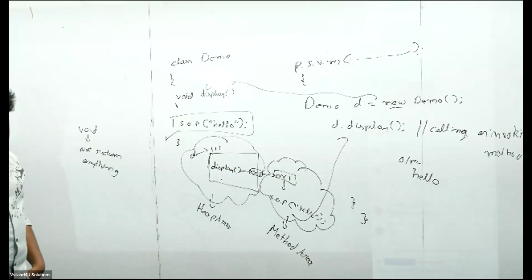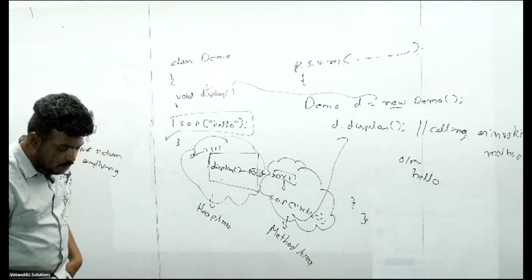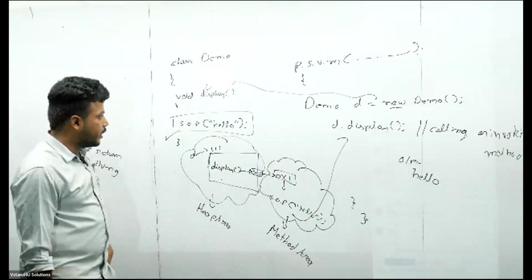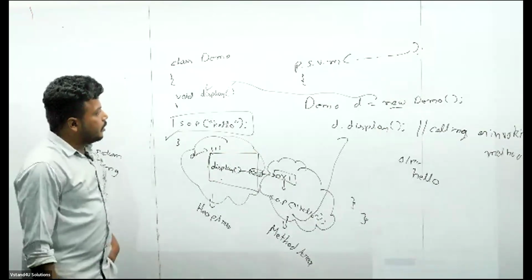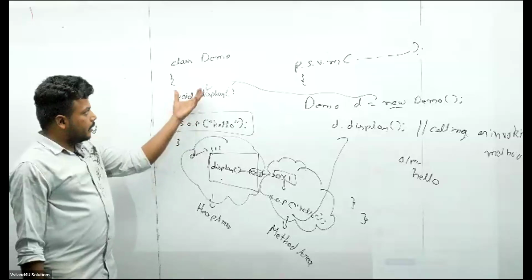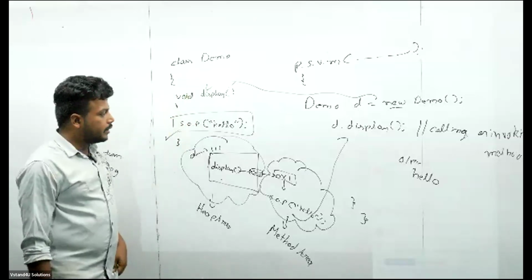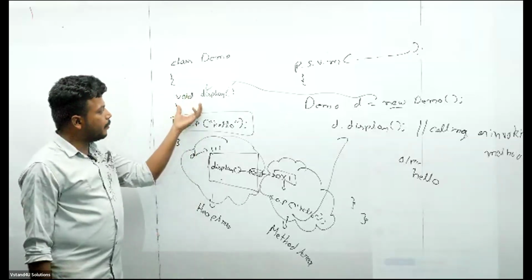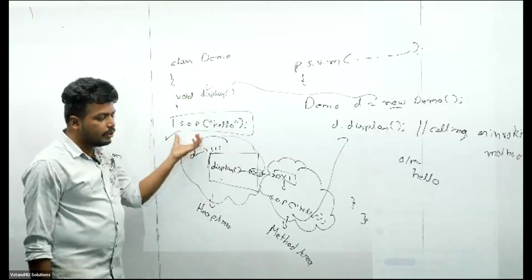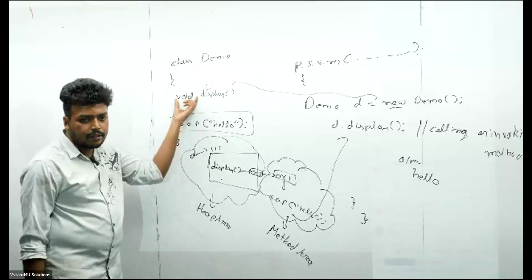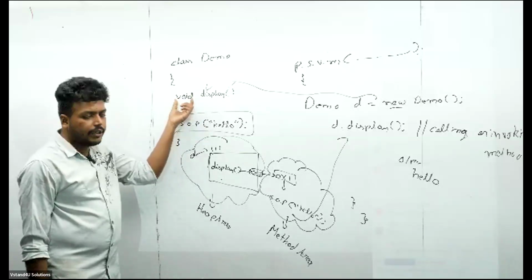Okay. Listen here, I'm explaining once again. Online class students, listen here. Here I'm taking the class name as Demo. Inside the class, I've created one method, void display. Why am I keeping void? Because in this function I'm not returning anything. For that sake, I'm keeping it as a void function.